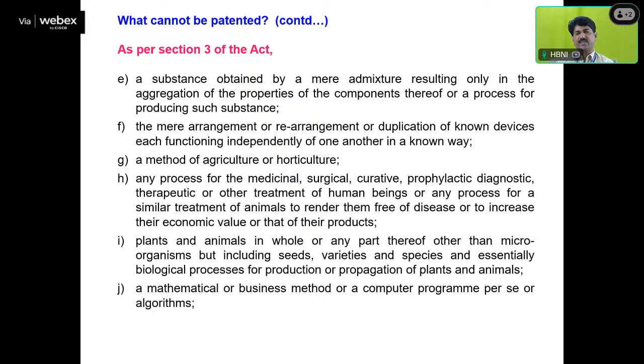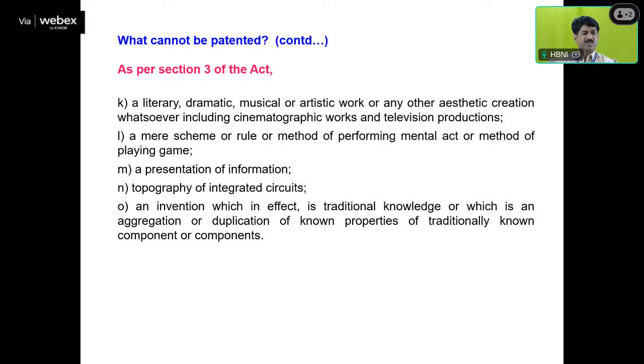If there is a slight modification in that statistical process, that also will not be given a patent. Next is the literary, dramatic, musical or artistic work or any other aesthetic creation whatsoever, including cinematographic works or television productions. Those also will not be given a patent.